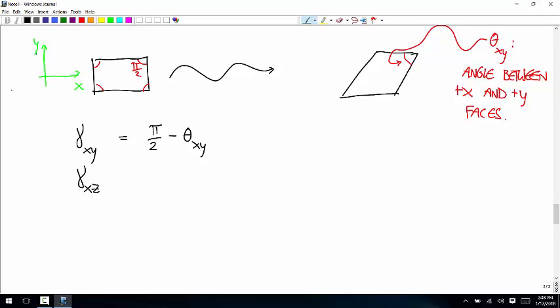Gamma xz is equal to pi over 2 minus theta xz, and gamma yz is equal to pi over 2 minus theta yz. And this doesn't make any sense unless you use radians.